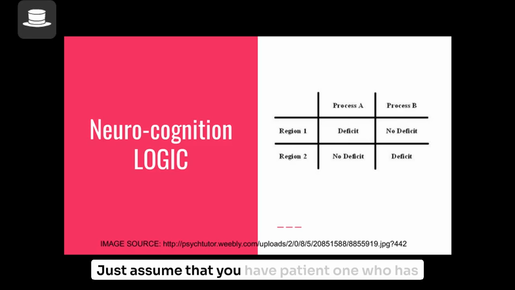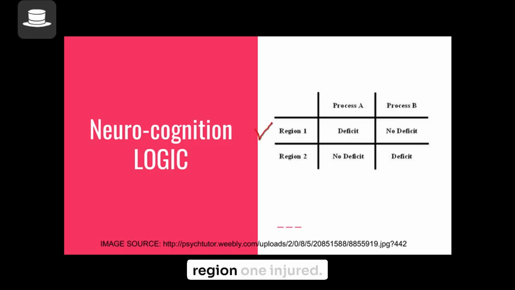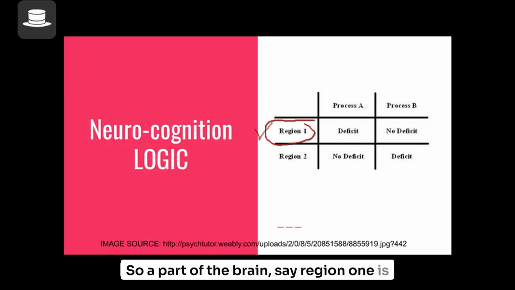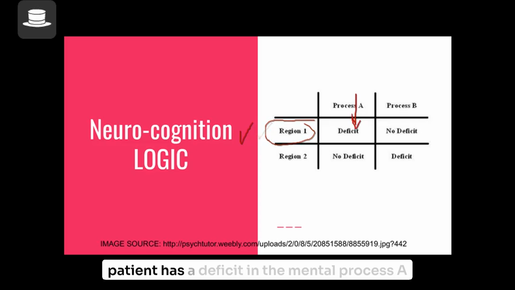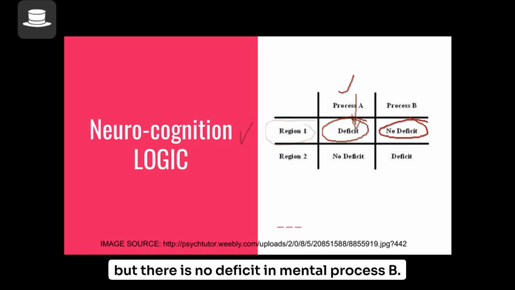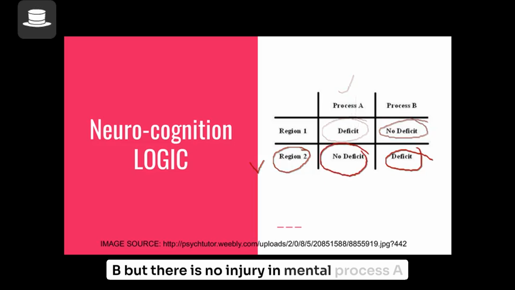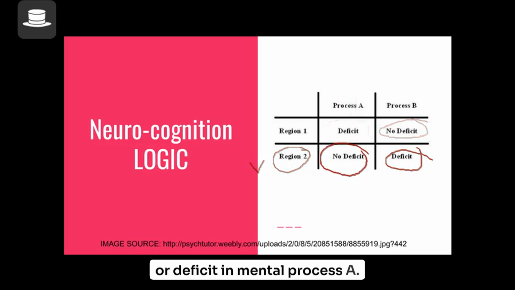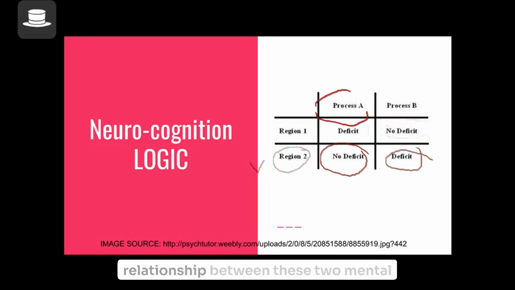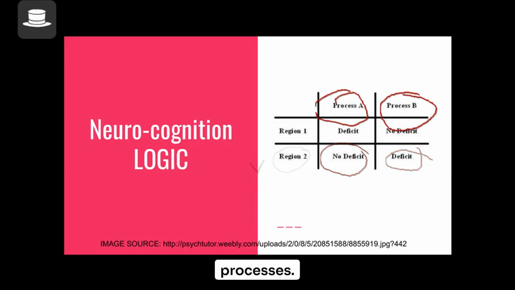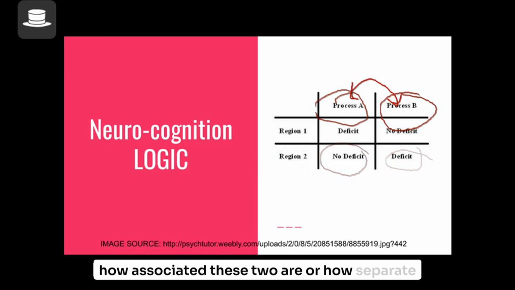Just assume that you have patient one who has region one injured. So a part of the brain, say region one, is injured in one patient, and you see that this particular patient has a deficit in a mental process A, but there is no deficit in mental process B. If you have another patient who has injury elsewhere, who has a deficit in mental process B, but there is no deficit in mental process A, now you can make inferences about the relationship between these two mental processes, how associated these two are, or how separate these two are.